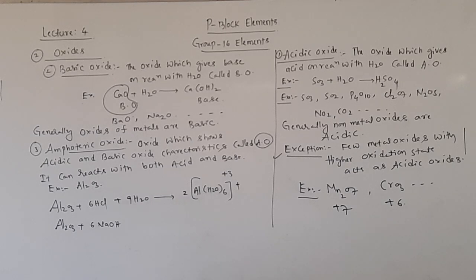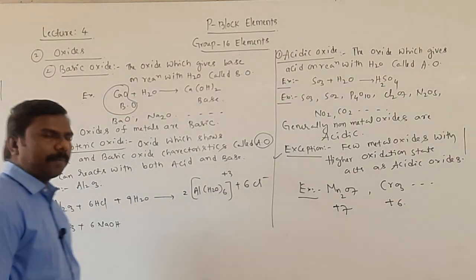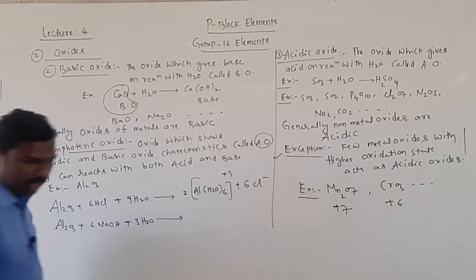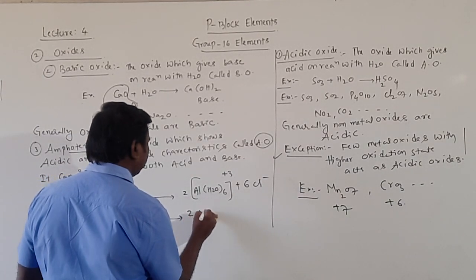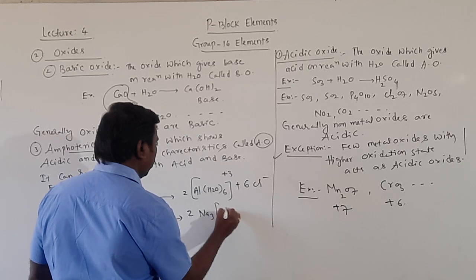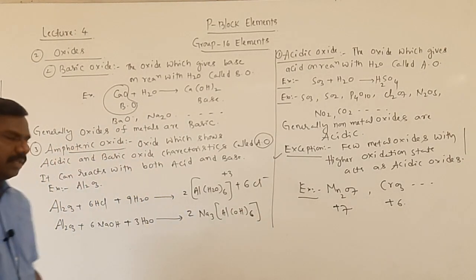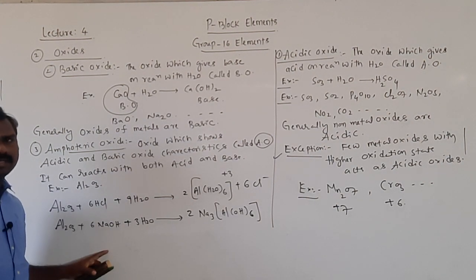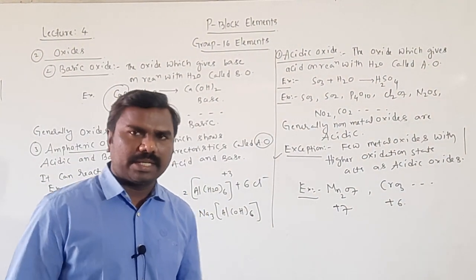With NaOH and water, it gives rise to 2Na3[Al(OH)6]. It means Al2O3 can react with acid and base, hence Al2O3 is amphoteric oxide.